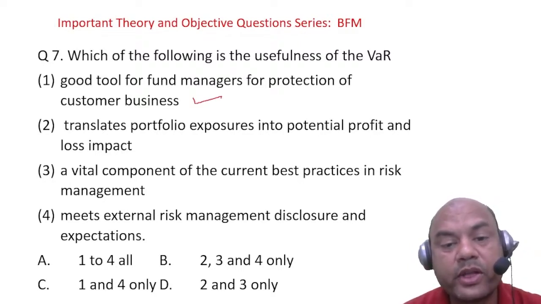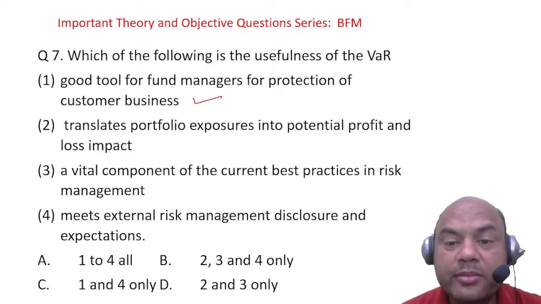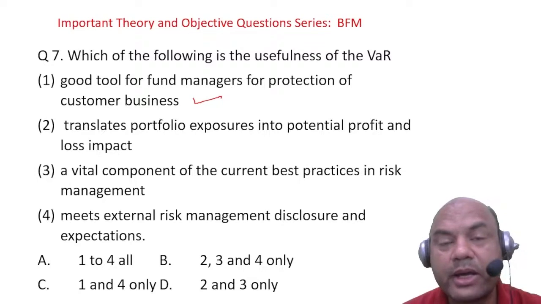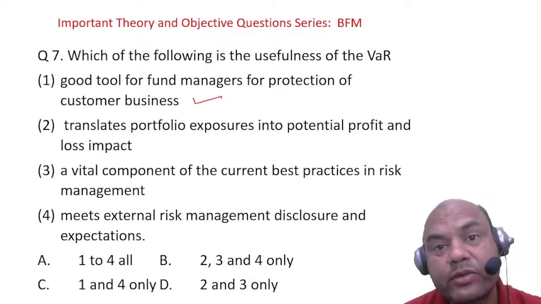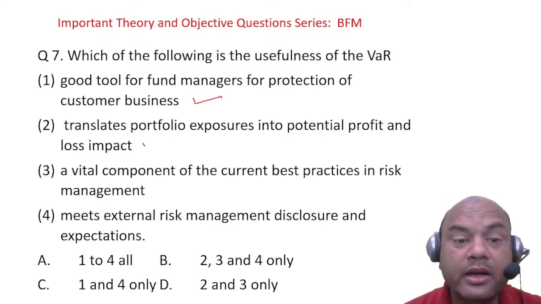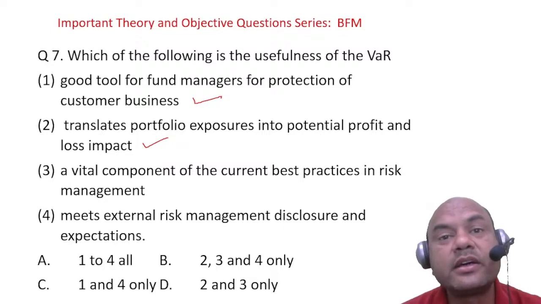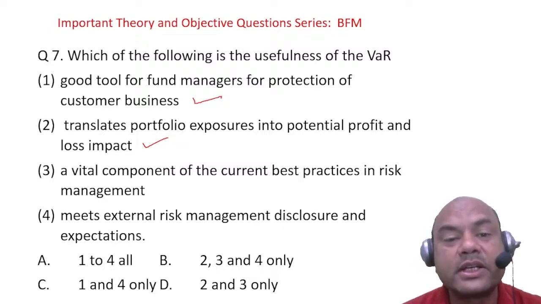Translates portfolio exposure into potential profit or loss impact. How much can be the profit? How much can be the loss by the fluctuation of that Reliance share by 5% here and there? Definitely I can predict that, right? How do the banks predict that this year our profits will be around this and this?